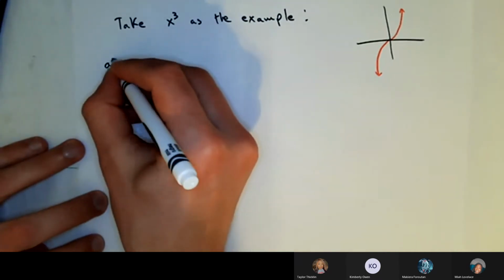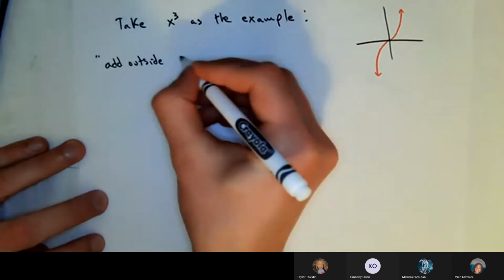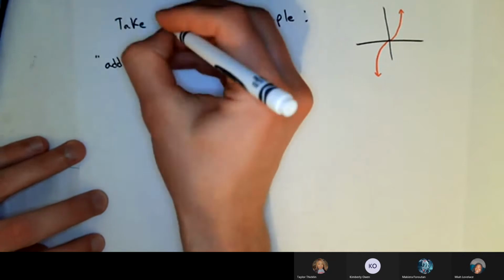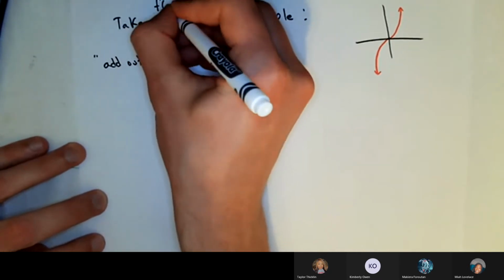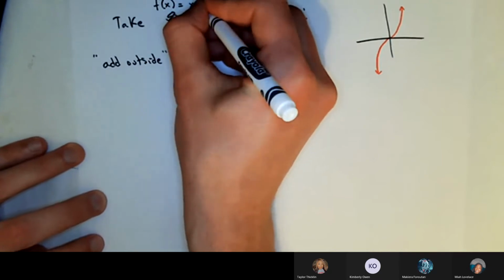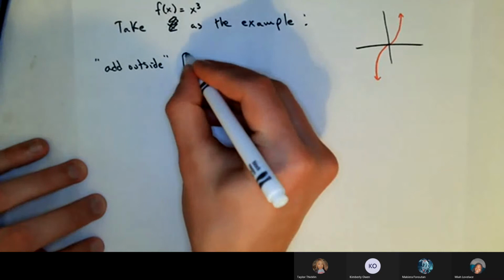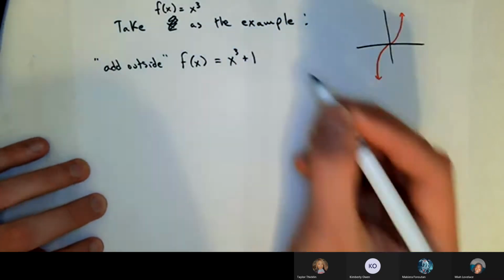So if I add outside, that's going to, oh, sorry, I didn't even name it right. It's a function, right? So really, I want to name it f of x equals x cubed. F of x equals x cubed. So if I'm adding outside, it's going to be like x cubed plus 1.